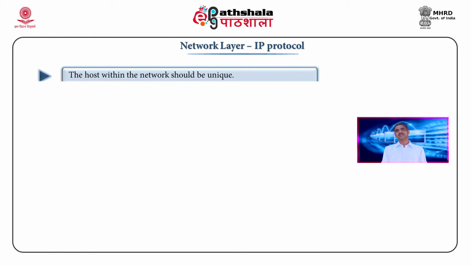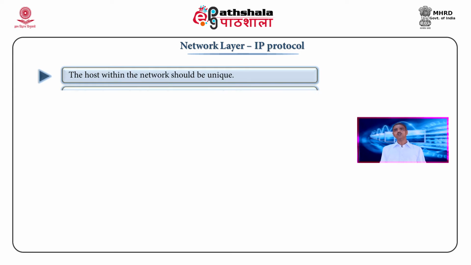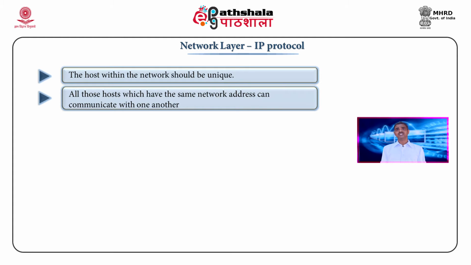The host within the network should be unique. Fine. So, all those hosts which have the same network address can communicate with one another. All hosts which are part of the same network will have the common bits for the networking part.